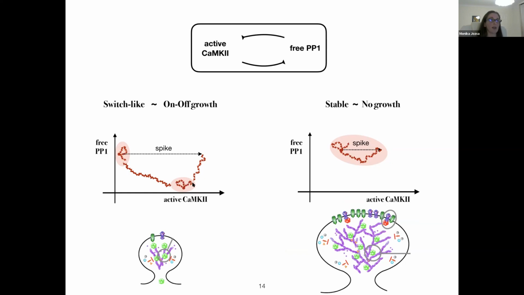And due to that, we get another mode. So for some time, the system gets stuck in this on mode, which causes growth of the spine. And then after some time, it goes back to this resting state. But this phenomenon doesn't happen when you have enough free PP1 and a large number of CaMKIIs.